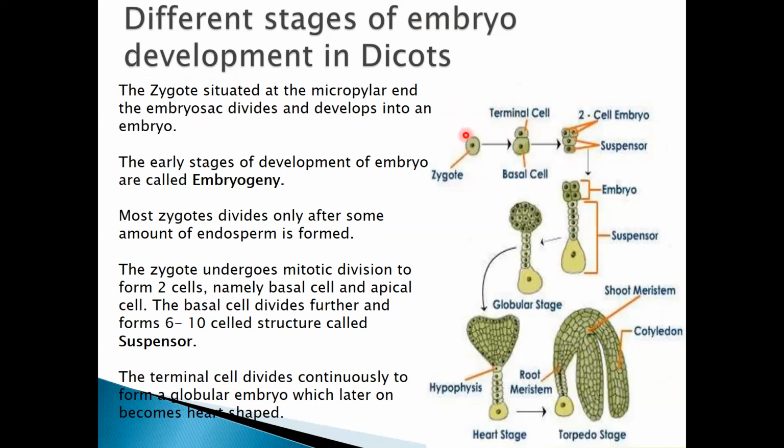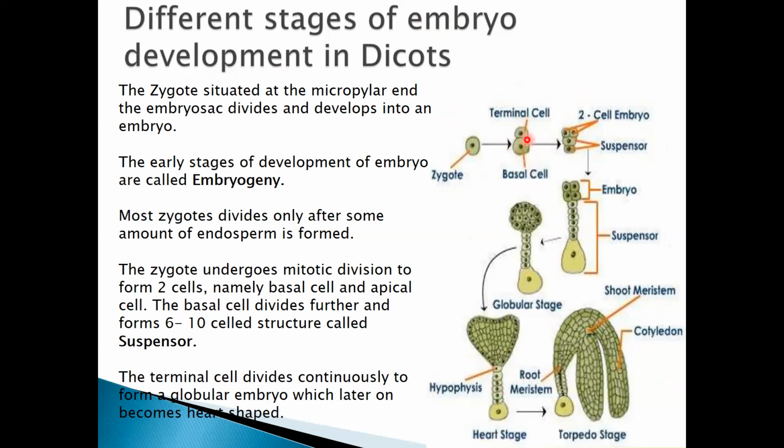Now what happens here? The zygote undergoes mitosis, and after undergoing mitosis, it forms two cells. How many cells? Two cells. One is the basal cell, one is the apical cell.